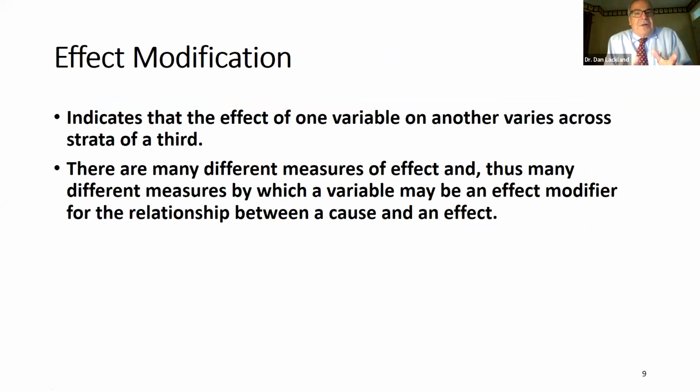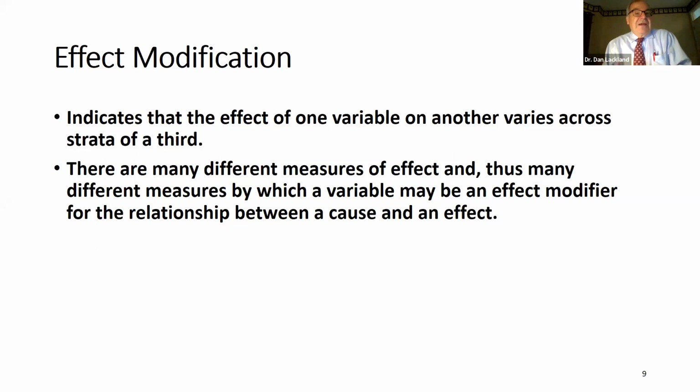It's also important to think about the word effect modification, the effect modifier. And I know many of you have done this, and this is kind of that other piece of it. This indicates the effect of one variable on another. So we've been talking about factors that are confounders.